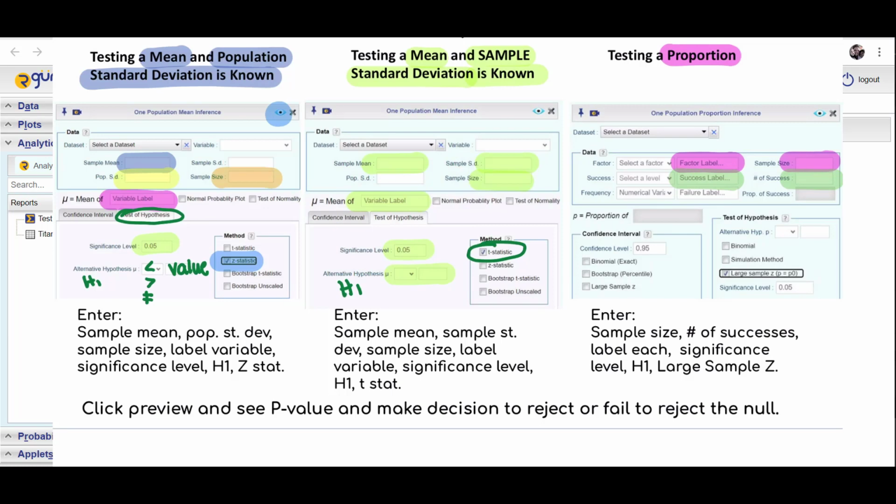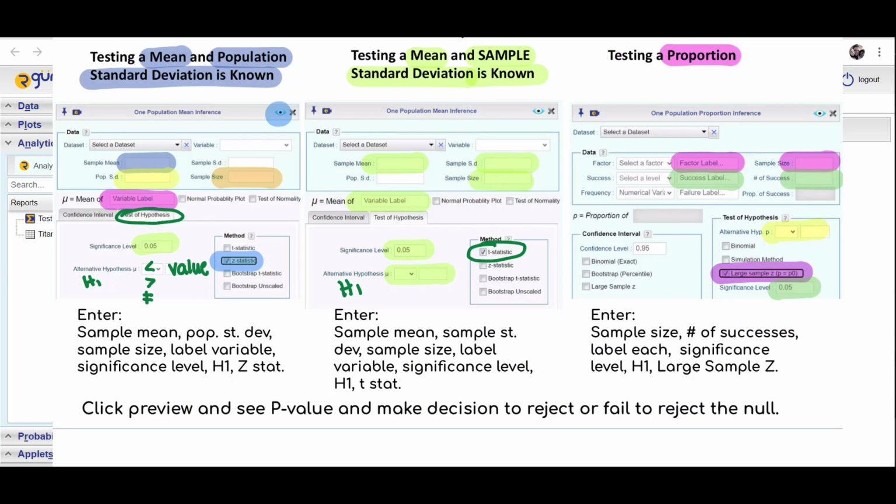And then you need to fill in the alternate hypothesis statement. And then you need to check large sample Z. Oh, and don't forget the significance level is here on the right. You want to fill that in.